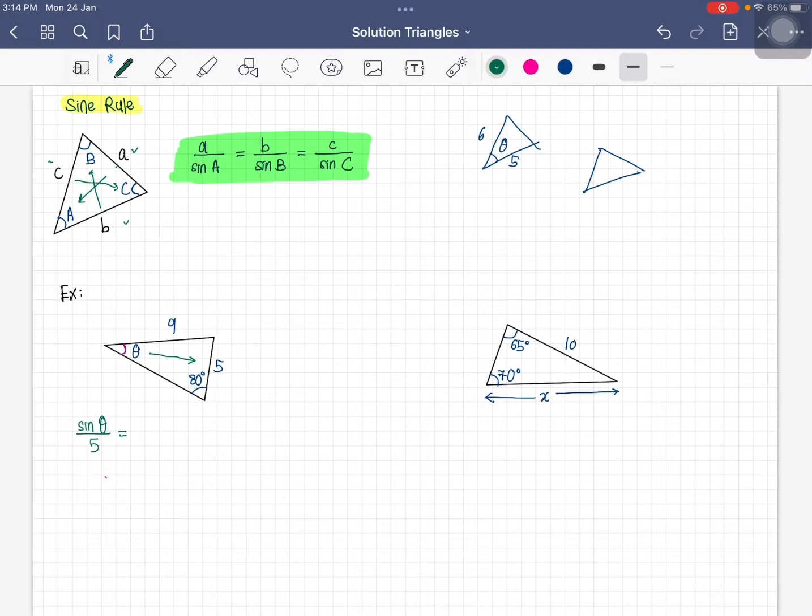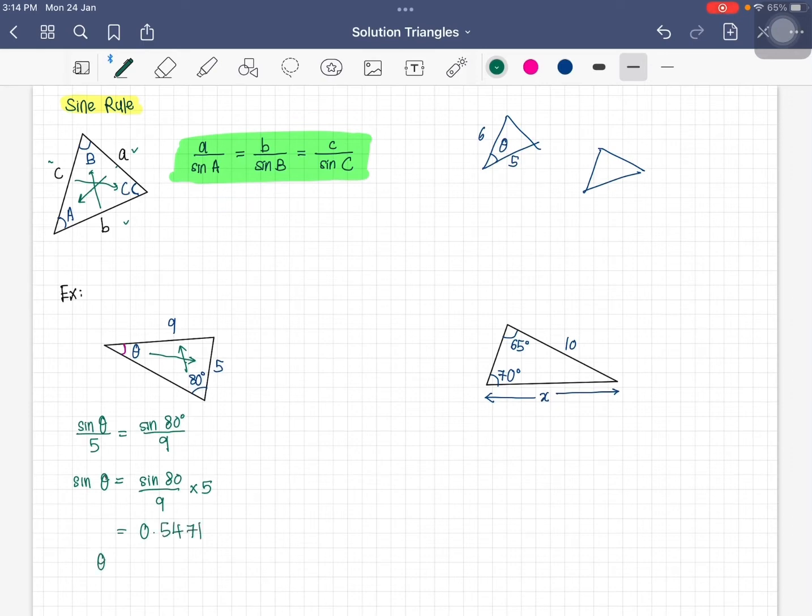It is equal to another side which has the angle 80: sine of 80, divided by its opposite length, which is 9. So sine theta is given by sine of 80 divided by 9 multiplied by 5. Pressing the calculator, I get 0.5471.